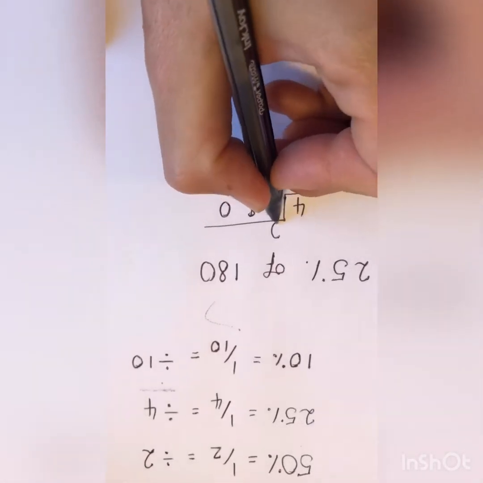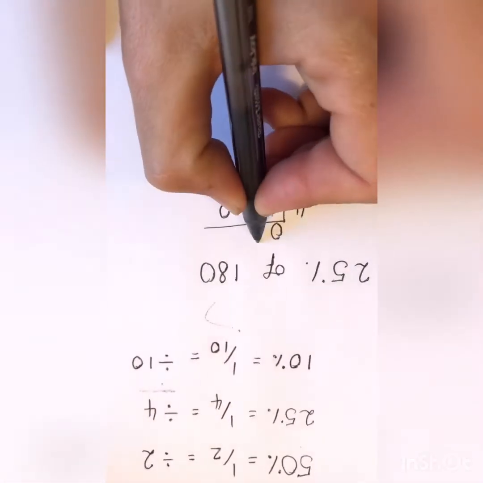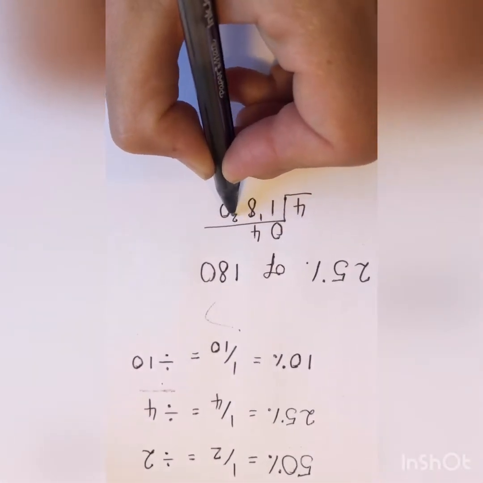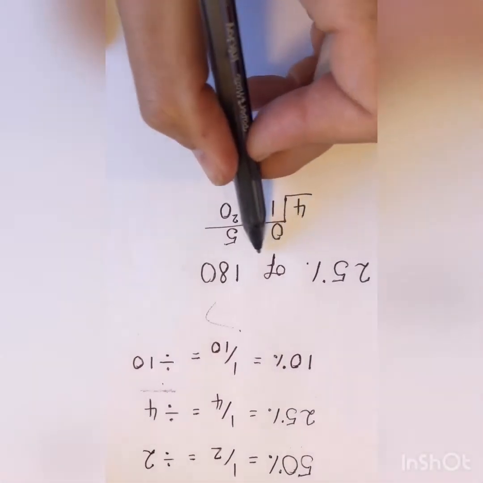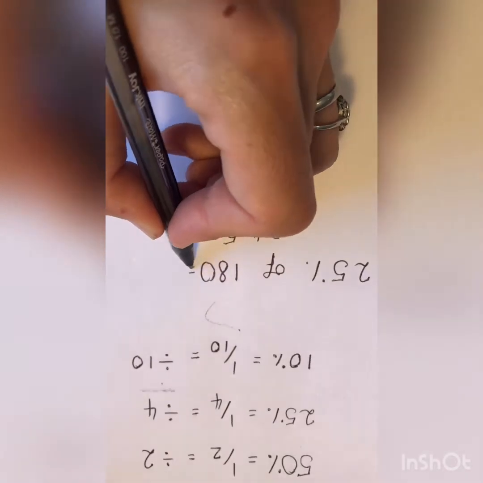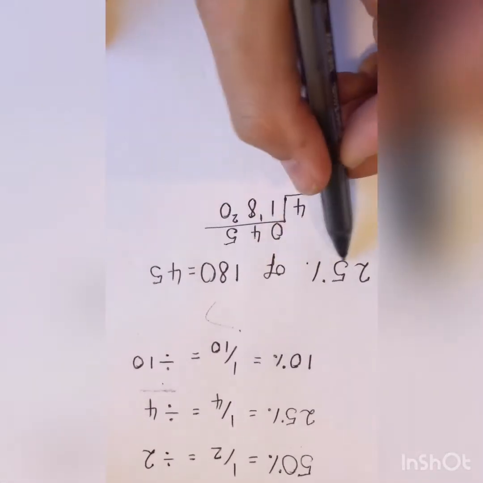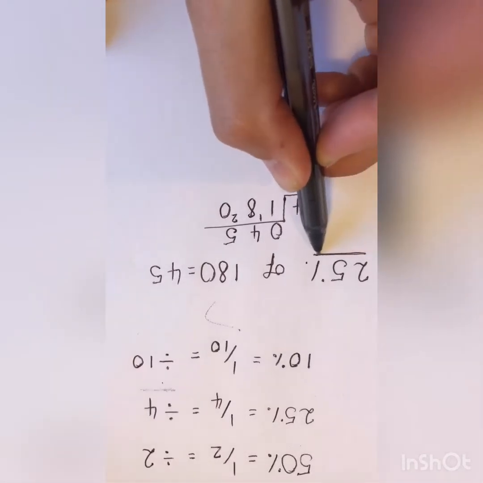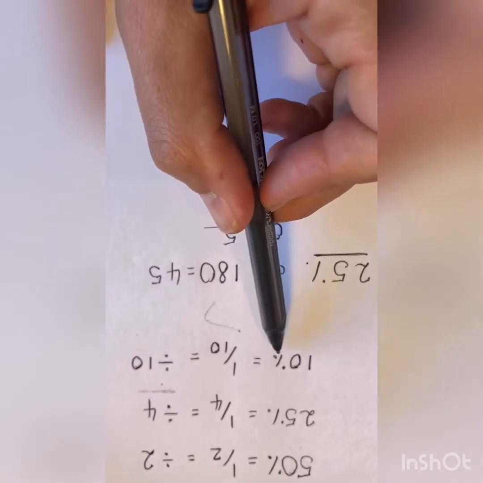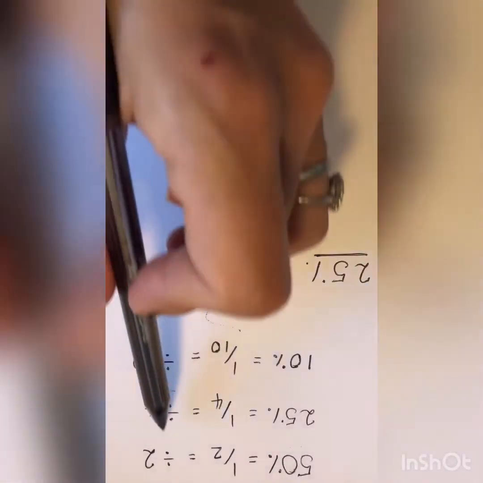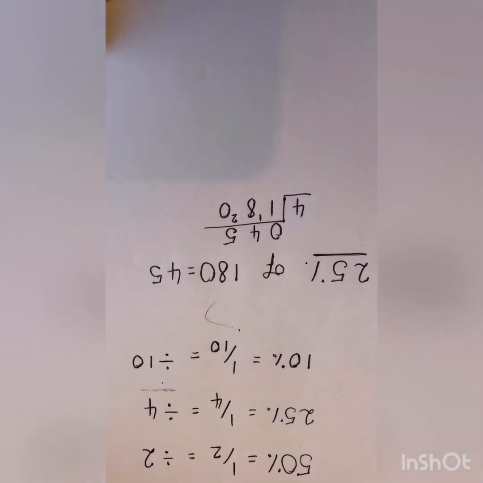So 4's into 1 don't go. 4's into 18. 4 times 4 is 16. So we've got 2 remainders. 4's into 20 go 5 times. So 25% of 180 is 45. So can you see we've just quartered 180, and that's the 25%. So if you're doing basic calculations like this, you can just simply use your knowledge and do the dividing. But it gets a bit harder, so we're going to have a look at that in a minute.